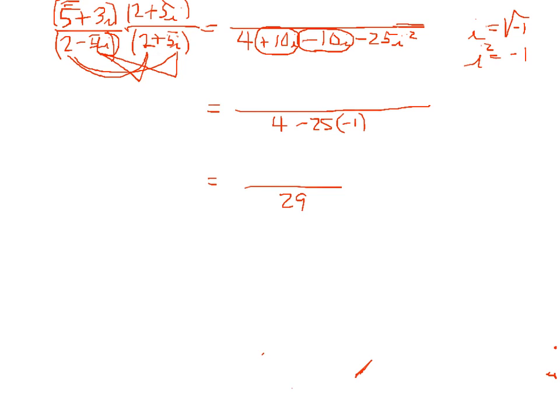5 times 2, that looks like a 12 because my parenthesis wasn't so hot. 5 times 2 is 10. 5 times 5i is 25i. 3i times 2 is plus 6i. And 3i times 5i, hopefully you're thinking 15i squared.